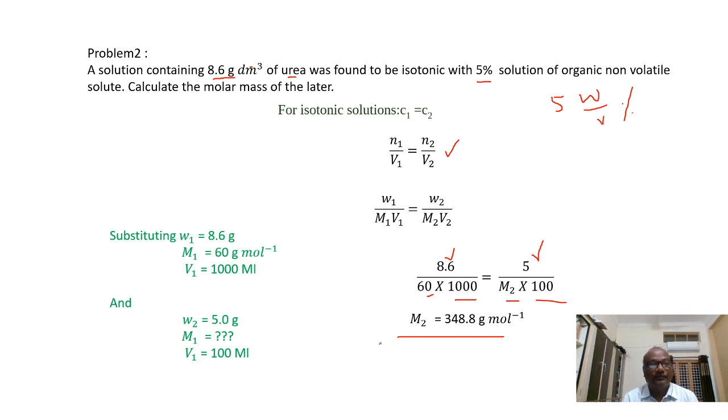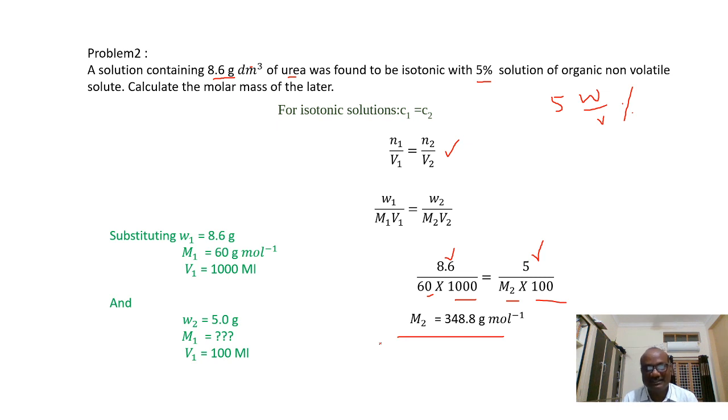Okay, so this is about osmotic pressure. What topics have we discussed today? We discussed the laws of osmotic pressure. Van 't Hoff's Boyle's law: osmotic pressure is inversely proportional to the volume of the solution at constant temperature.